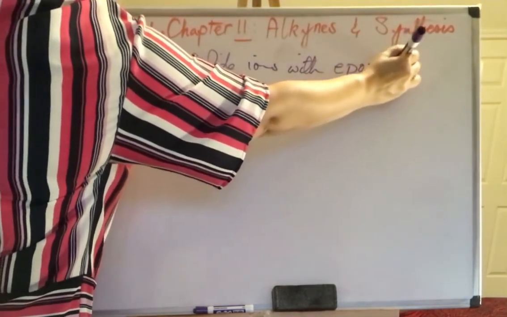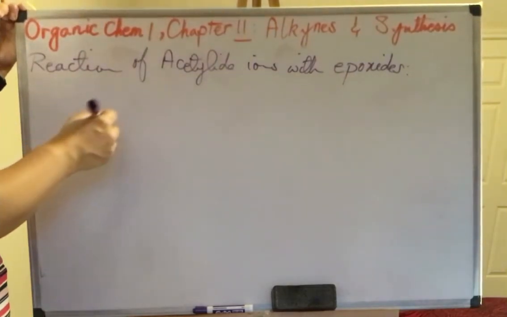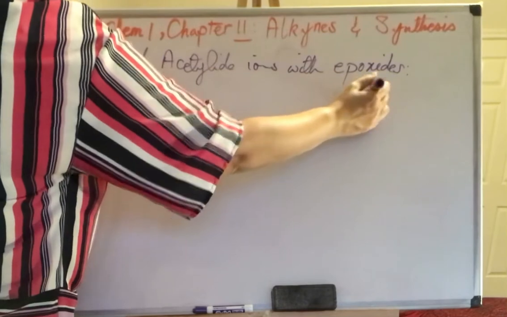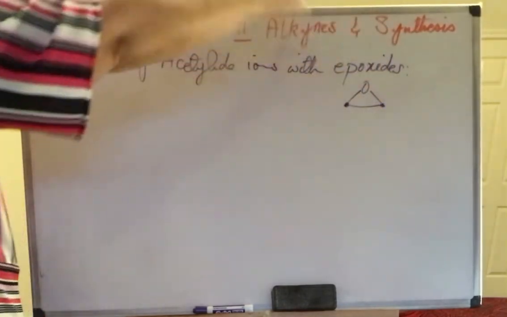You will learn more about epoxides in organic two, but epoxides are 3-membered rings with 2 carbons and 1 oxygen. This is called an epoxide.